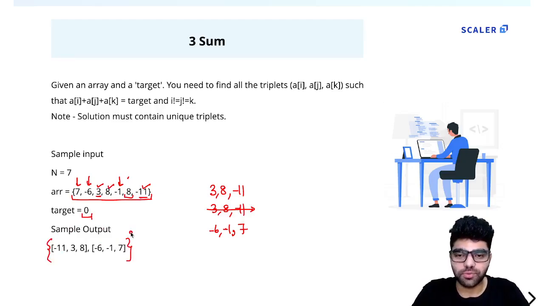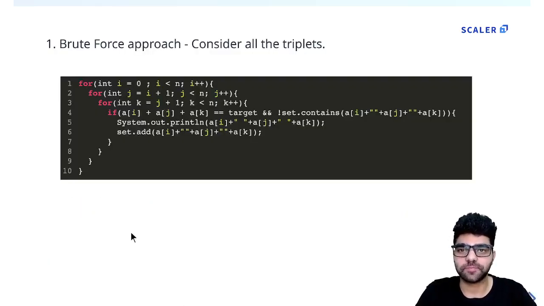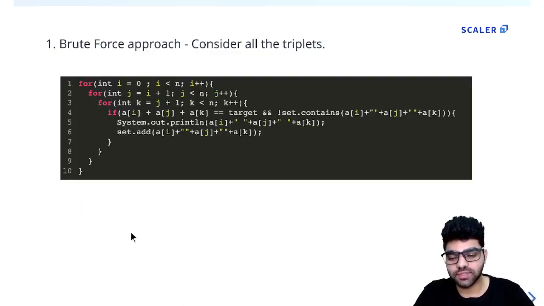Now think about the brute force approach. The question is asking to find triplets. That means we have to consider all the triplets, and in order to do that, I need these three for loops.